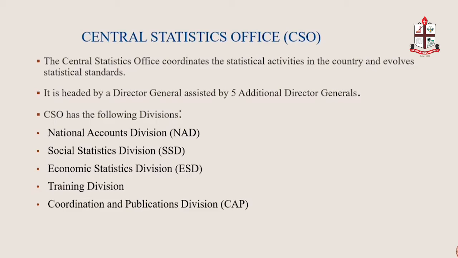CSO has the following divisions: National Accounts Division, NAD, Social Statistics Division, SSD, Economic Statistics Division, ESD, Training Division, and Coordination and Publication Division, CAP.